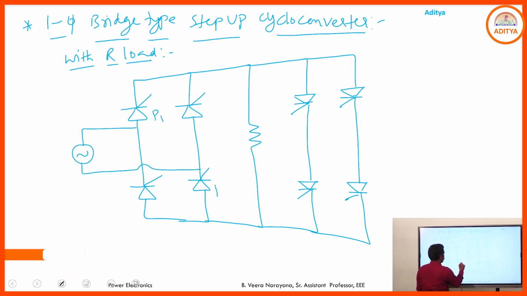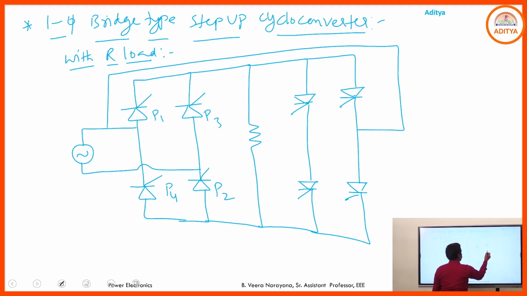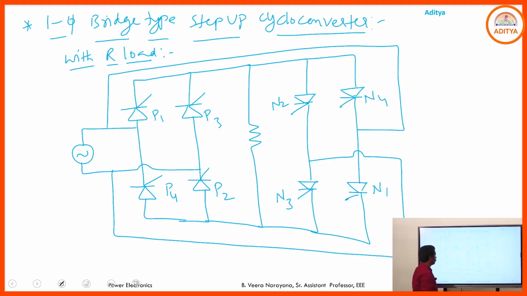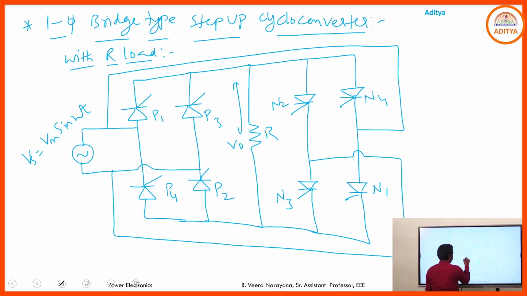This is P1, P2, P3, P4. This one is N1, N2, N3, N4. Here you have Vs is equal to Vm sin omega t, and here we have the R load, and here you have the output voltage.